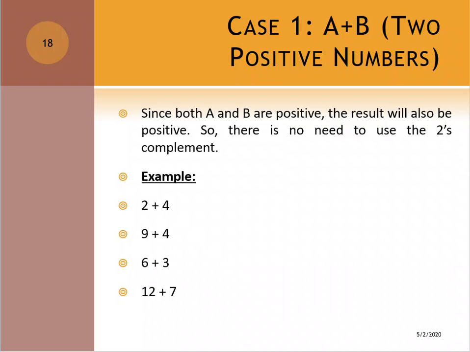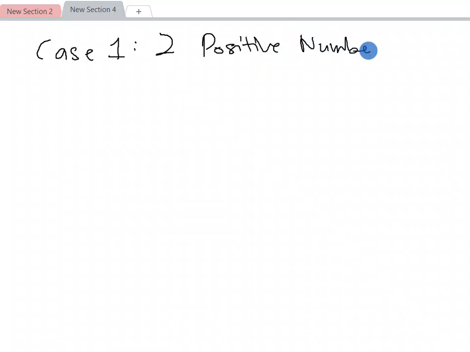For example, let's say you want to add 9 plus 4. Case 1, two positive numbers. So we have to show the binary addition.